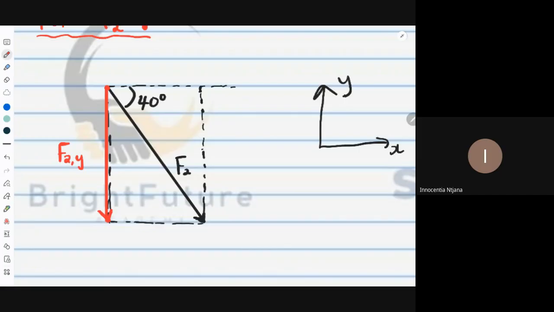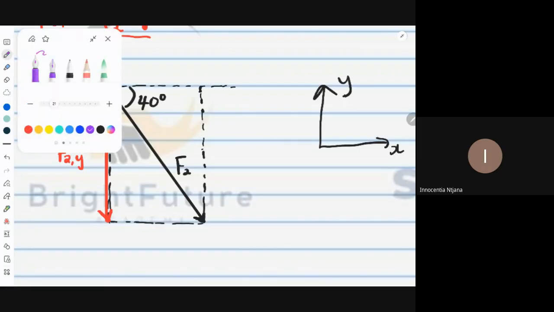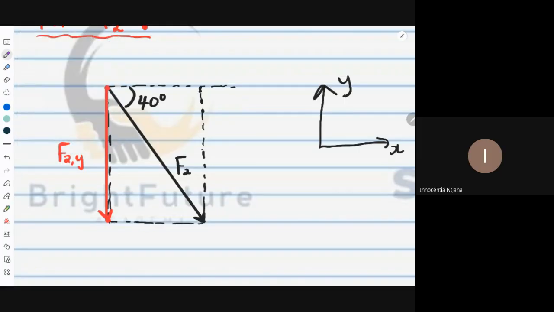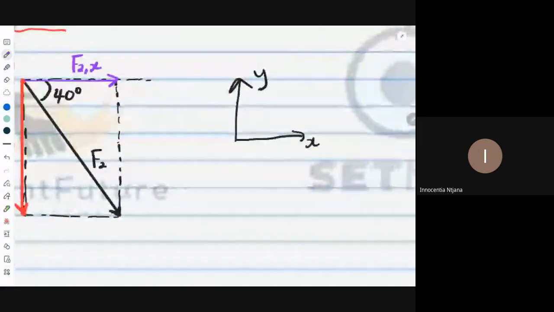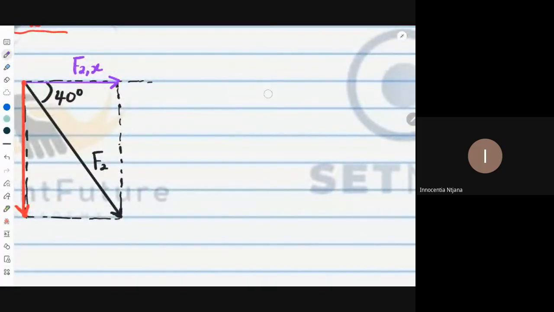Right? Now we draw the other component, the horizontal component, which is the X component. Depends on which textbook you use. Some textbooks call it the X component. Some call it the horizontal component. So from here, I won't write all the trig ratios.